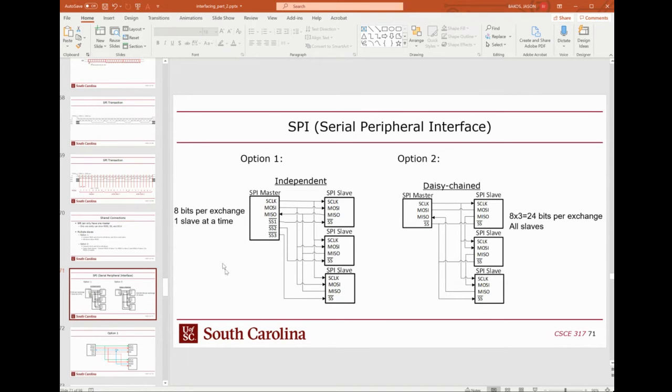Whereas the downside of the independent approach is that all of the slaves are sharing one MISO line. They're basically shorting together all the MISO lines. And so that could potentially be an issue if more than one slave tries to send data on that line. Now, that's probably not going to happen, though, because the master is going to be careful to only assert one of these slave select lines at a time.